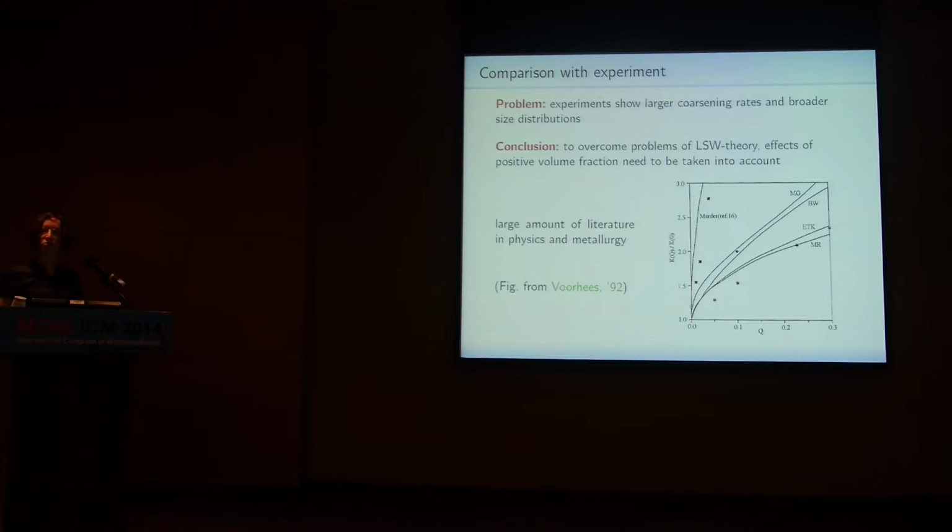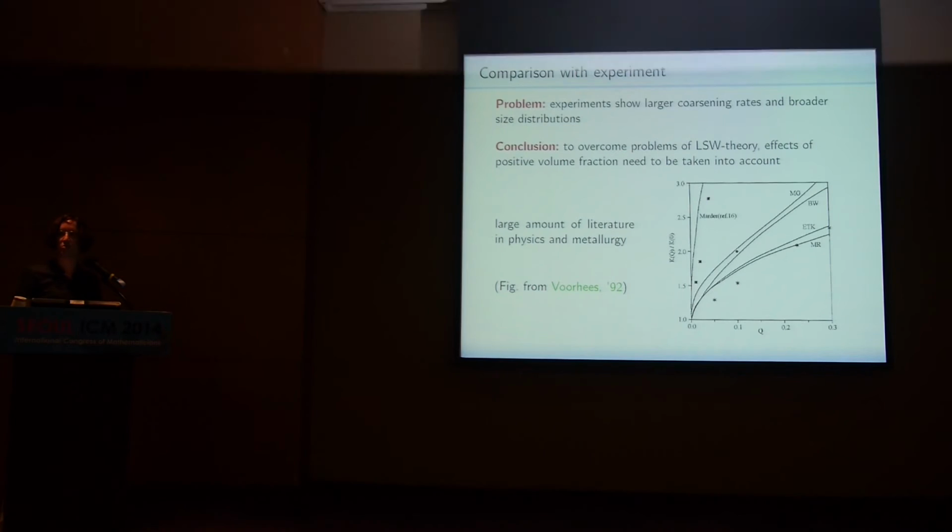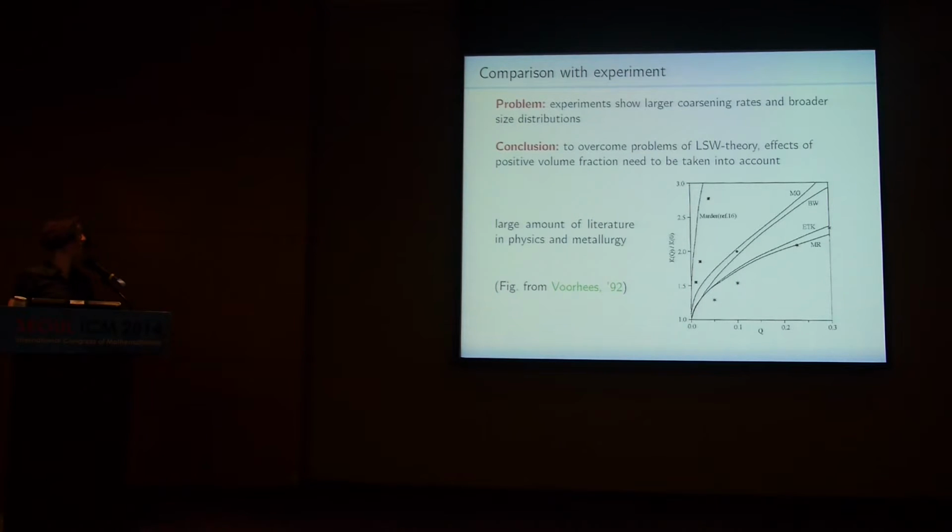which is more from the point of view of applications. Of course, there were experiments done to compare the predictions of the theory with the experimental results. And in general, the agreement is not very good. The experiments show much larger coarsening rates and much broader size distributions.